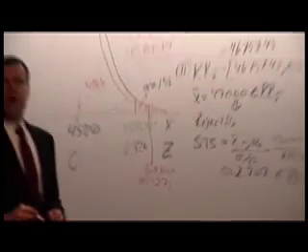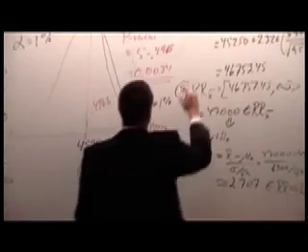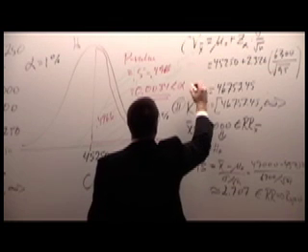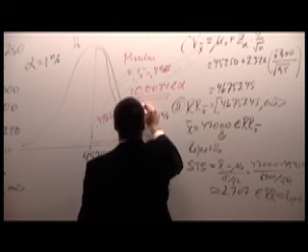You'll notice that that is in fact less than alpha, which leads you to reject the null.